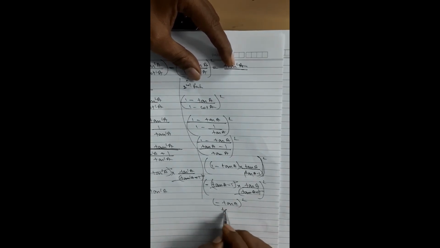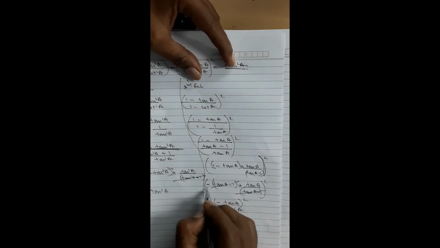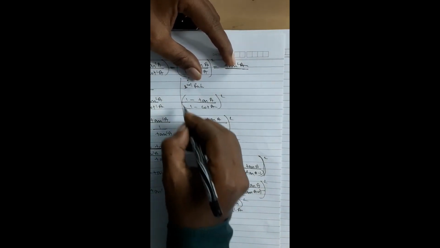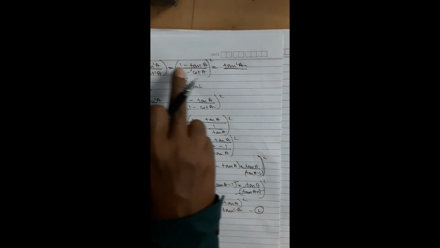But square is always positive, you know that. So we get that this is proved from 1 and 2. This is equal to tan square A. Okay, my dear students, this is slightly complex, but actually not at all. So with this we have finished the 10th question also.